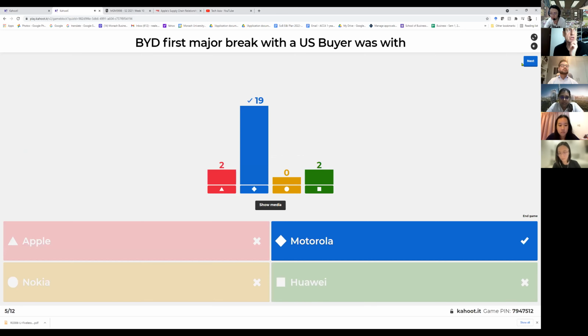Exactly. It was Motorola. And you know, owner mindset plus learning from international brands, those things go together. Look where BYD is today. It is the number one electric vehicle manufacturer in the world, basically. It makes more electric vehicles than Tesla. So it's just an amazing company.